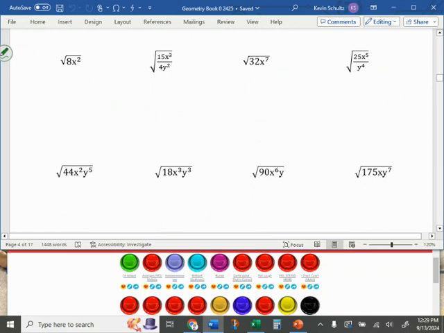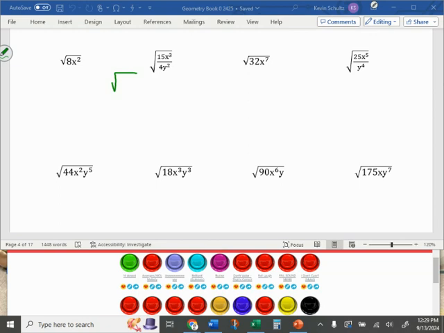Alright, the fraction ones. The root of 15x cubed over 4y squared. Again, we're going to start by splitting that up. The root of 15x cubed, our numerator, over the root of 4y squared, our denominator. So you just rewrote it so you can deal with each one separately.